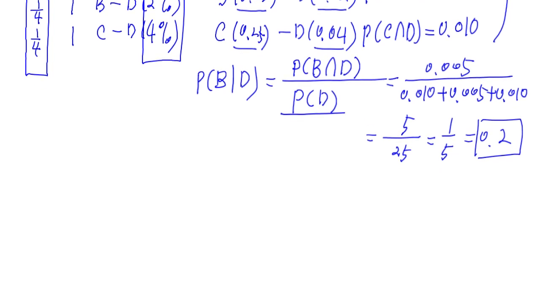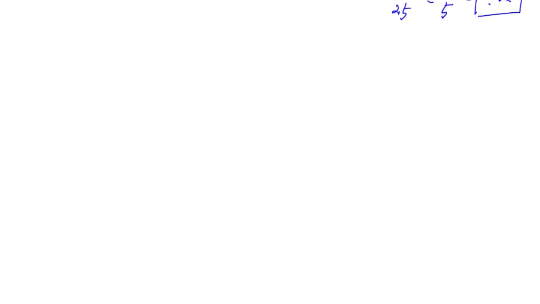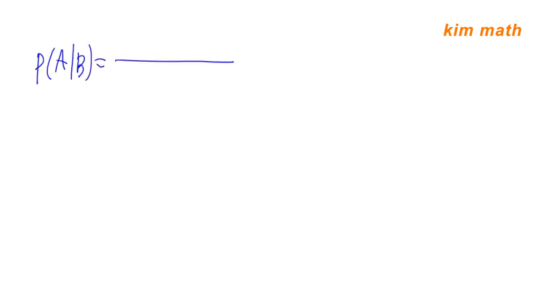Again, let me copy the conditional probability one more time. If you need the probability of A given B, then please try to find the probability of A and B and divide by the probability of B. Okay?